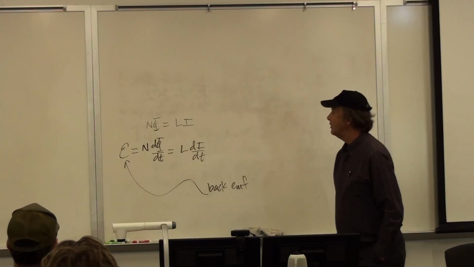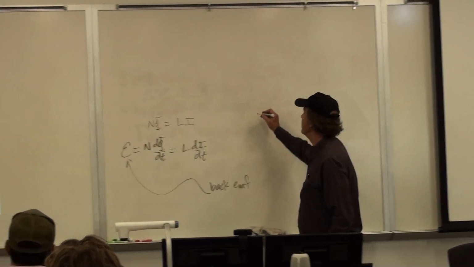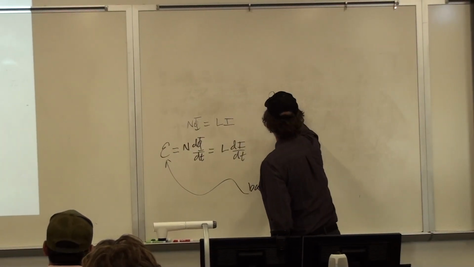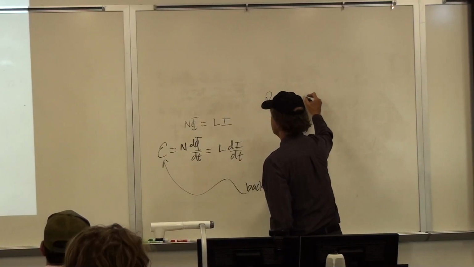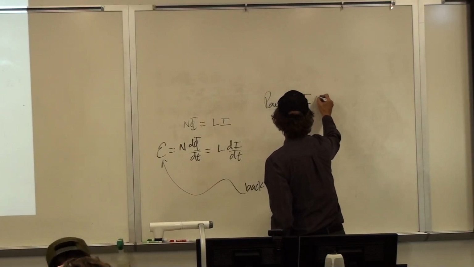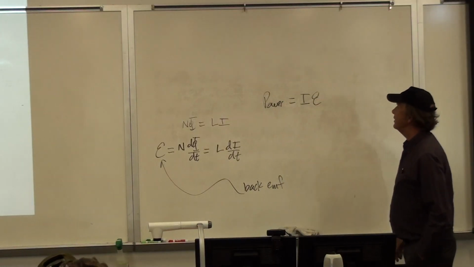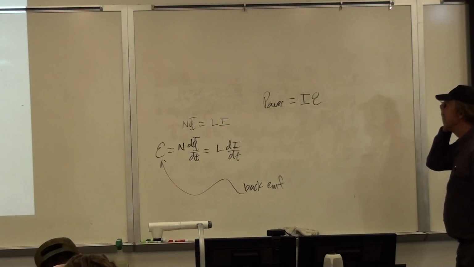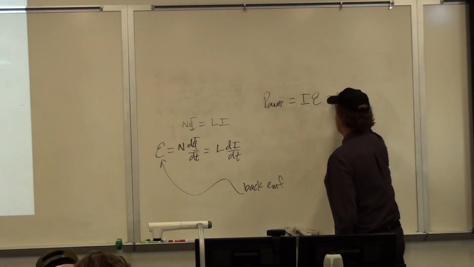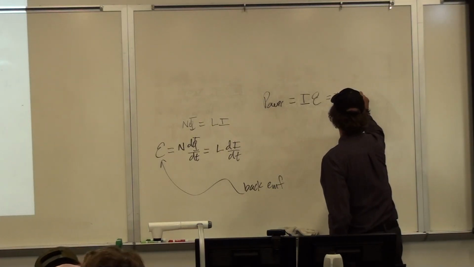Okay, and so what we could do then is say, well, power is equal to current I times voltage. And so the amount of power then is going to be equal to I times L di dt.